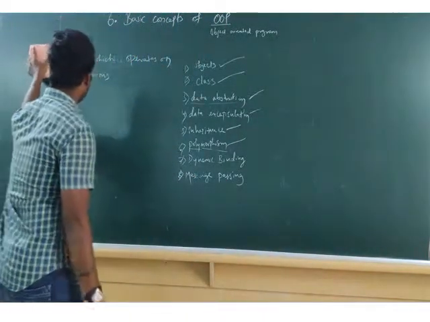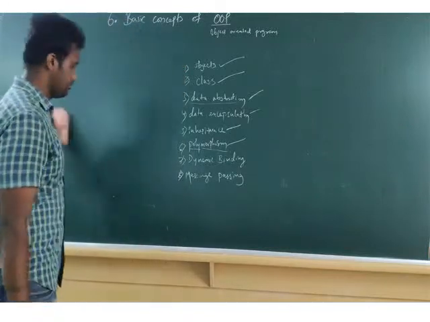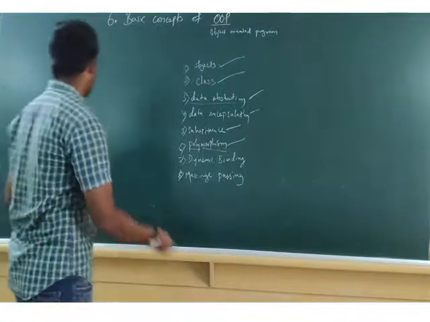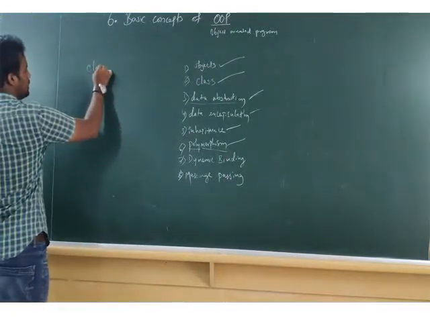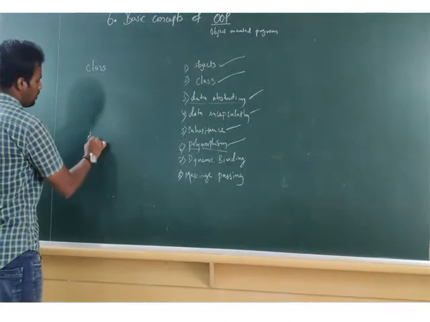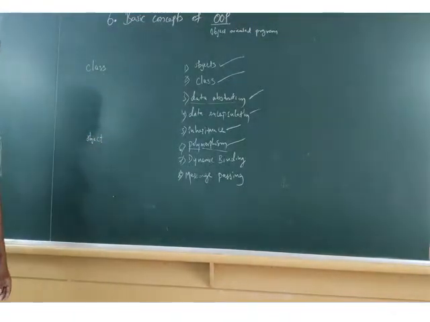Next comes dynamic binding. Here we have one thing called class, whereas we have another thing called object.